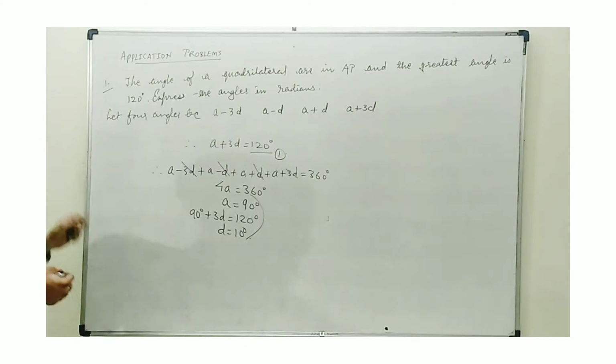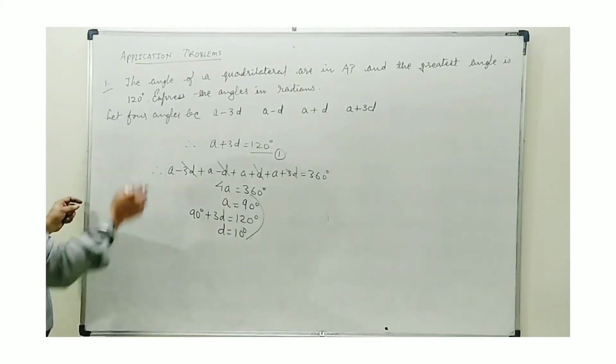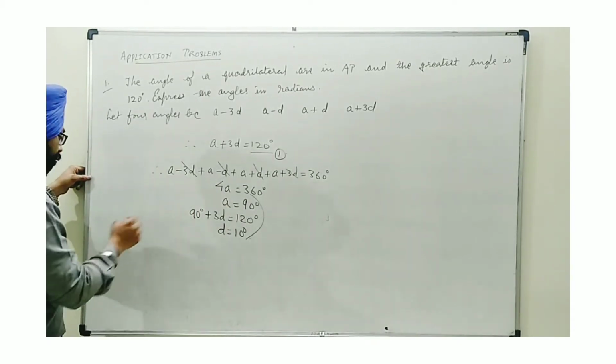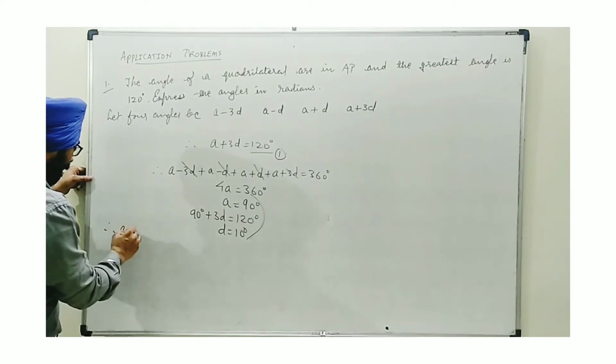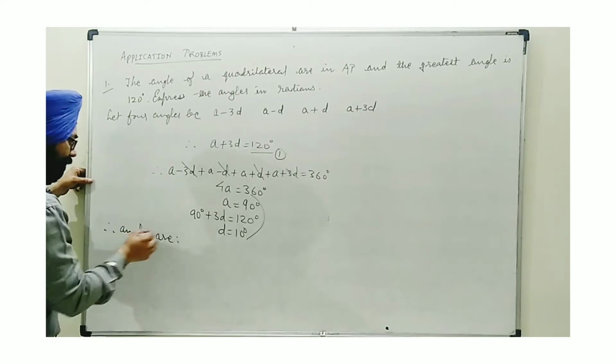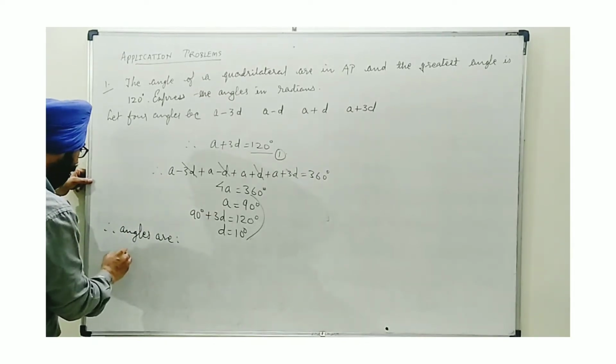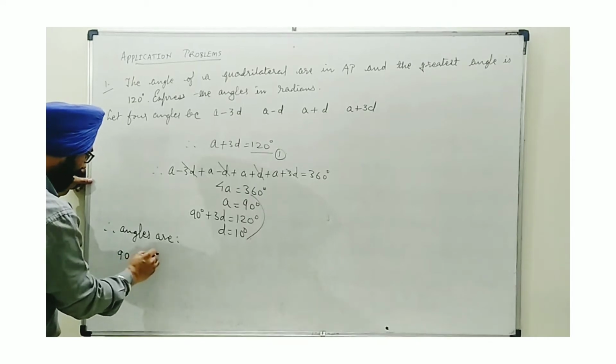These two values we have obtained, but what is the basic purpose? The main purpose is to consider these A and D and to find the angles in radians. So first of all, we will find them in degrees. Therefore, the angles are: first one will be A minus 3D, so 90 minus 3 into 10 degrees.